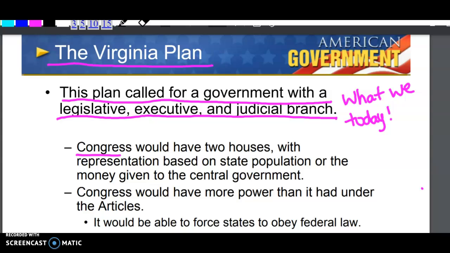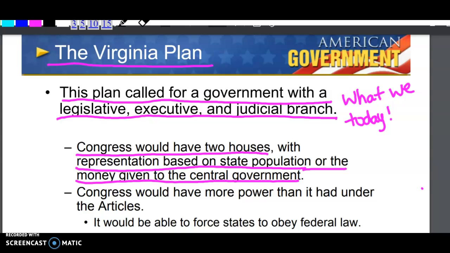It said that Congress would have 2 houses, which is what we have today, the House of Representatives and the Senate. The Virginia Plan wanted representation based on state population or the money given to the central government.